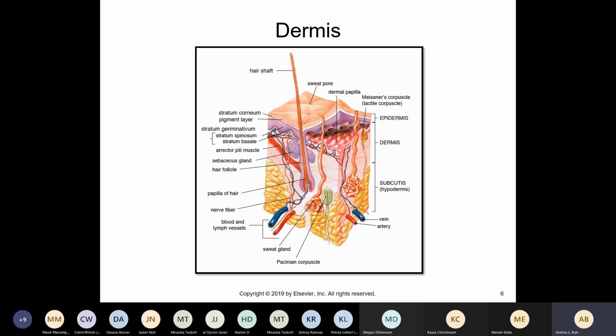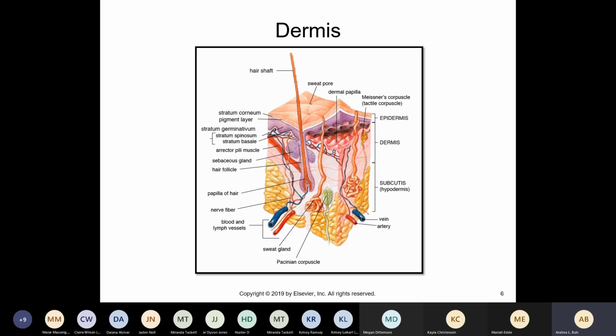Here's the picture I was trying to find for you guys. I believe that is in your book, but I'm having trouble locating it at this moment. But anyway, that kind of shows you the hair shaft, the sweat glands, the epidermis, dermis, the subcutaneous layer, and how those vessels and everything kind of work in between that.